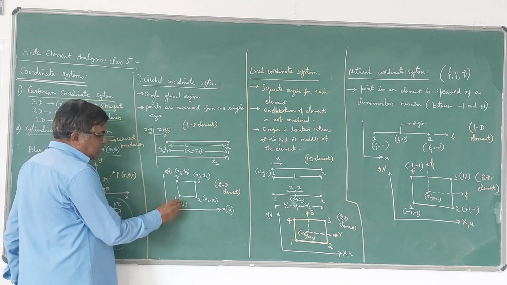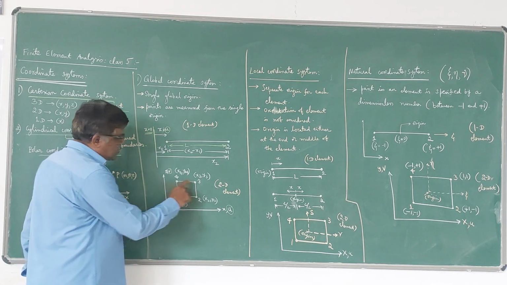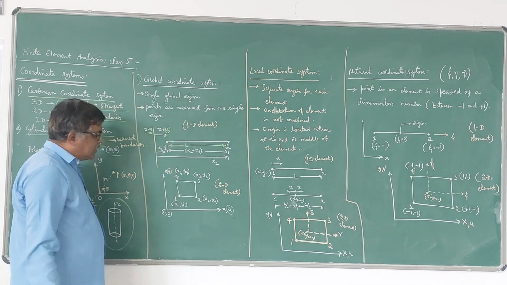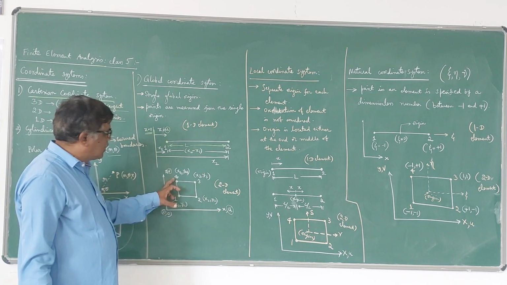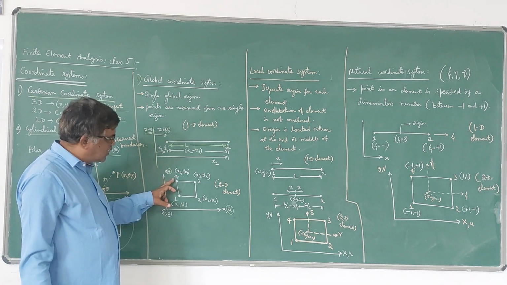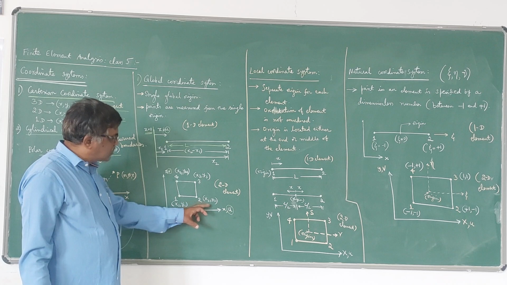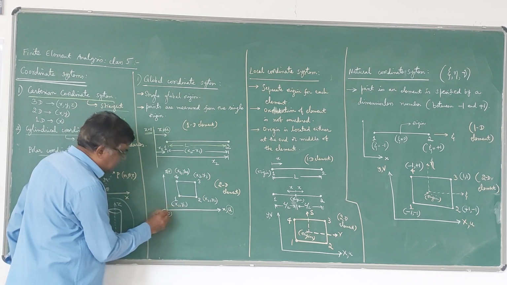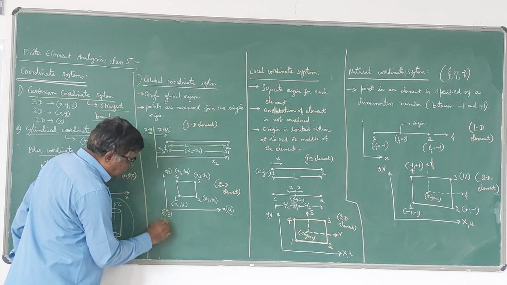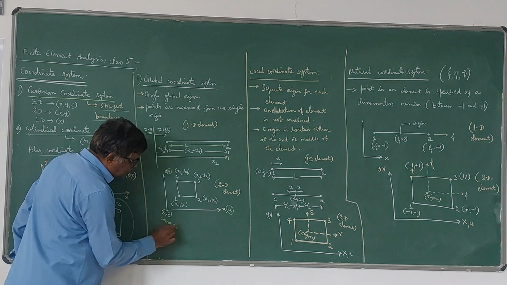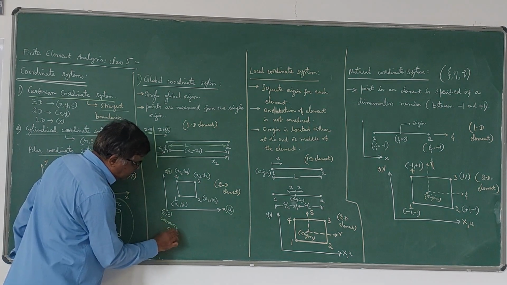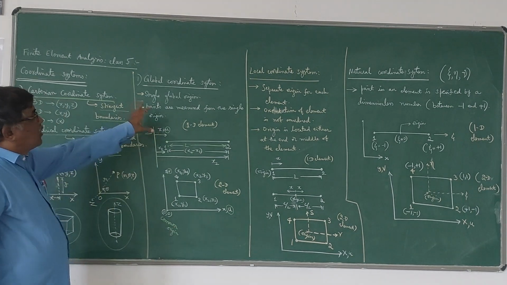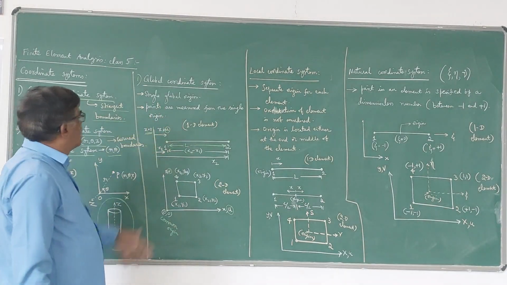Here the coordinates of the nodal points of this quadrilateral element are taken as 1, 2, 3, 4, and the coordinates will be x1, y1, x2, y2, x3, y3, x4, y4. All these coordinates are measured with respect to this common origin. So that is the meaning of global coordinate system, or system coordinate system.